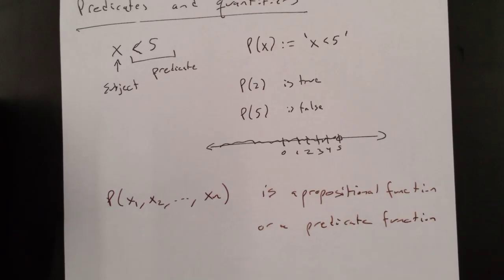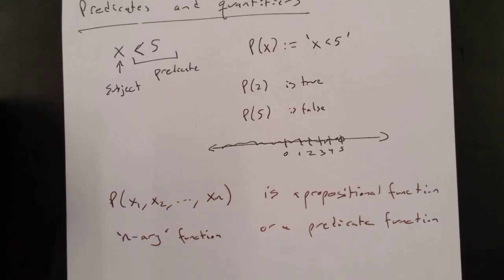If we think about the number of variables, well, then we can think about a unary function, which operates on one variable. A binary function operates on two. This would be an n-ary function, because it takes in n things.